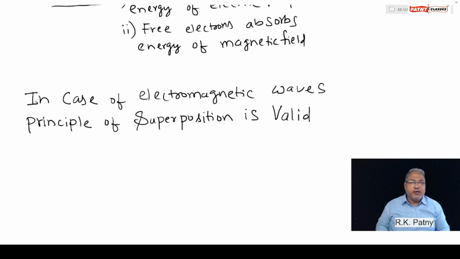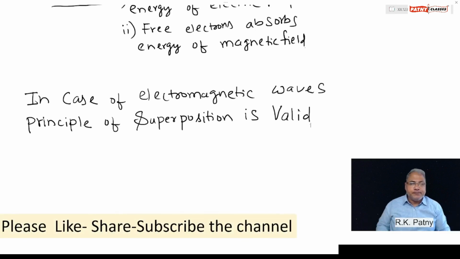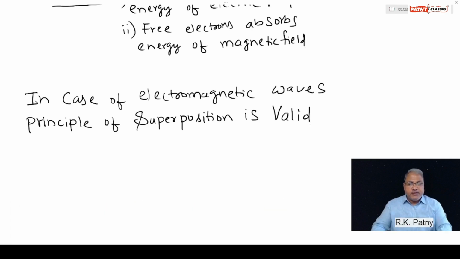Another important property of electromagnetic waves is that we can apply the principle of superposition. What is the principle of superposition? When two waves meet at one point, the resultant displacement of the point, suppose this is the first wave, this is the second wave, and this is the point A. So there are two waves, one is y1, another is y2.